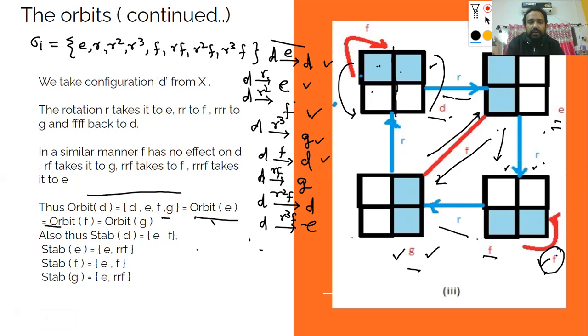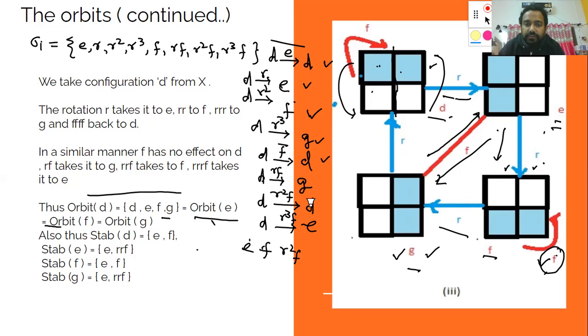So this is one, the identity. Flip keeps D at D. R squared flip keeps D at D, but then, oh, sorry, I made a mistake here.